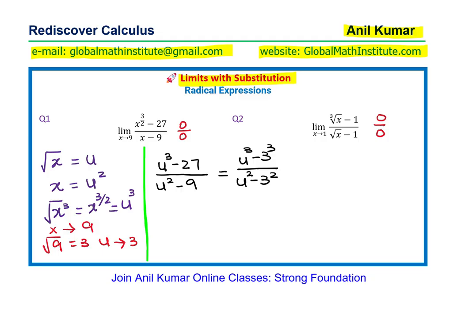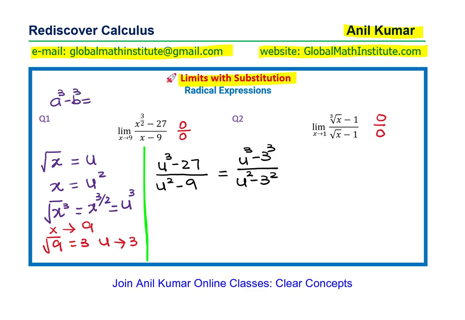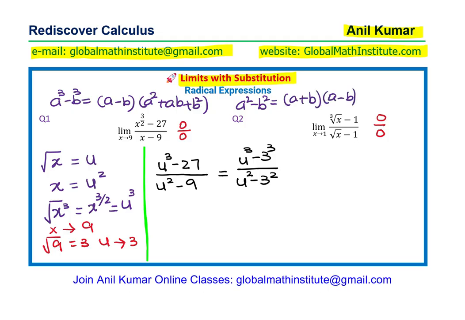So what I'm hinting at is the formula a cubed minus b cubed can be written as a minus b, right, times a square plus ab plus b square, right? So that is how we factor a difference of cubes. And a square minus b square is a plus b times a minus b. So that is what we are going to do now.